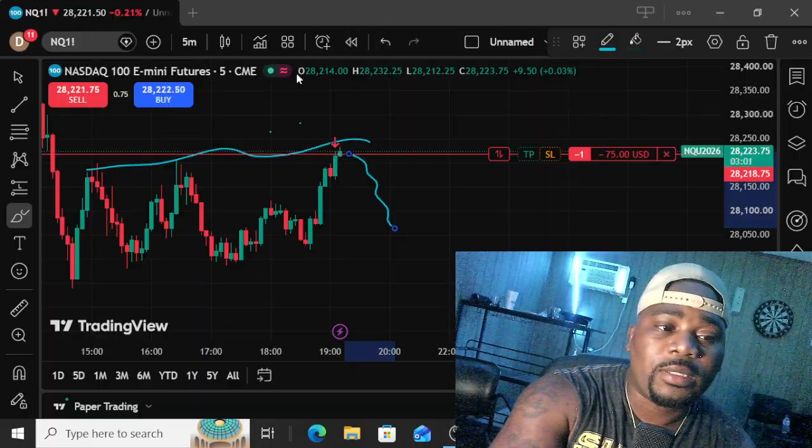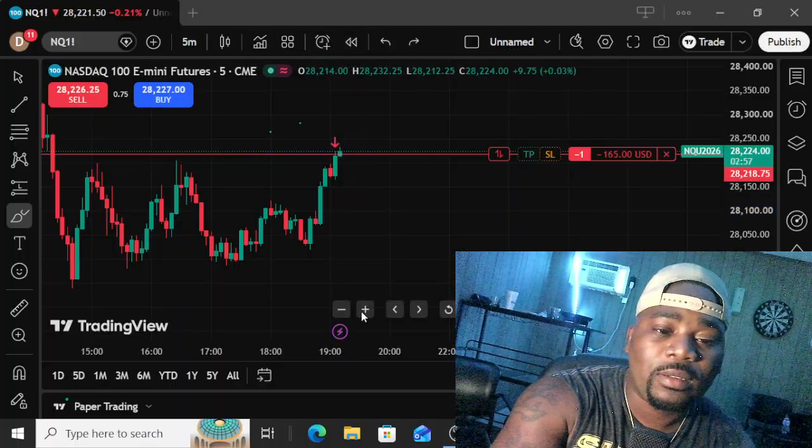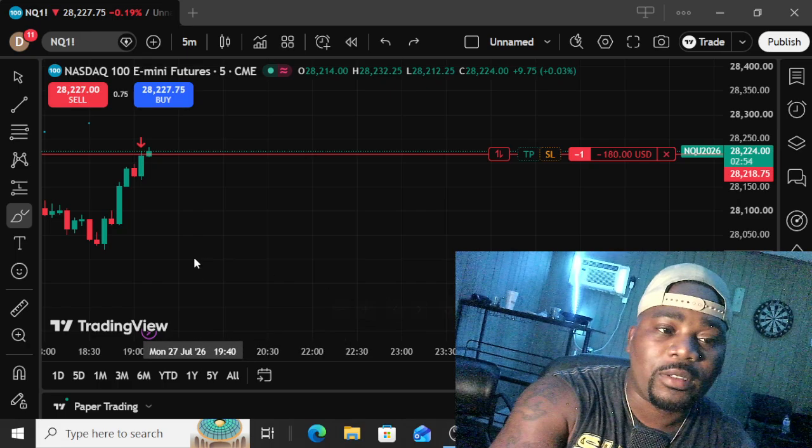I'm going to erase these lines so you can see the candle. I'm also going to zoom in.